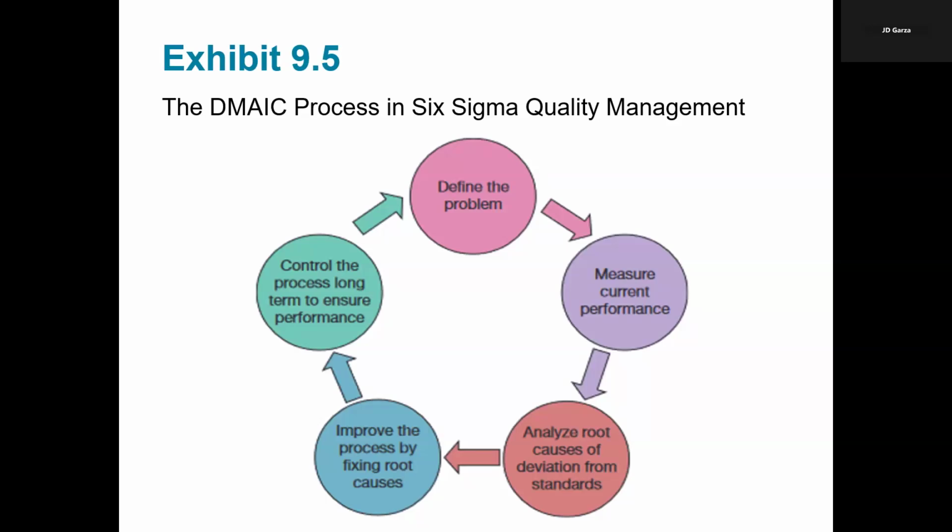Let's just say, as an example, in a retail chain, the problem might be defined as delays in checkout times during peak hours, impacting customer satisfaction. Then, of course, you move on to the next one, which is measure the current performance. And here, this involves gathering and quantifying the data related to the problem itself.